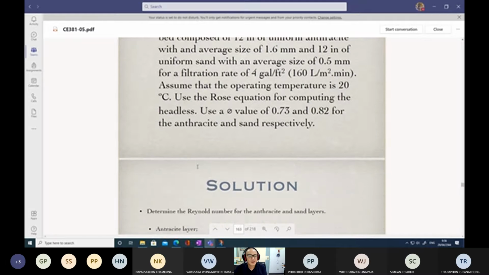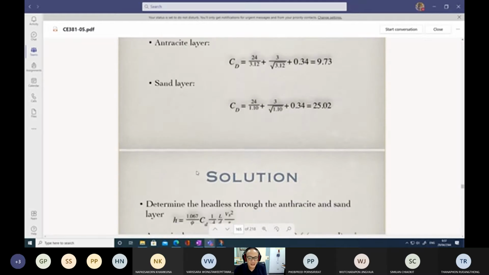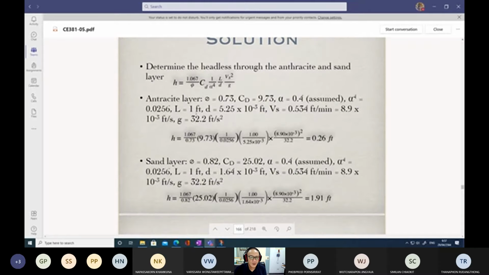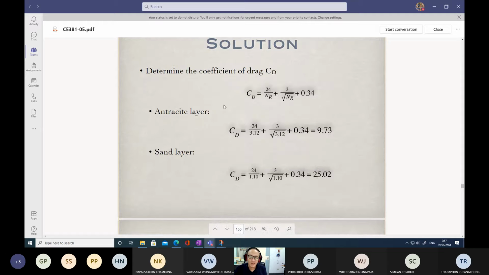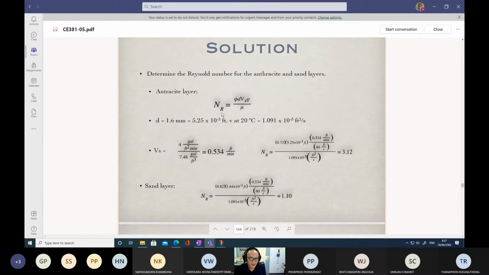It is nothing but just substituting the values into the equations. Since the equation is this one, we need the coefficient of drag. We have to find out this one. So in order to get the coefficient of drag, you need the Reynolds number. In order to find the Reynolds number, we need the information about the filtration rate.